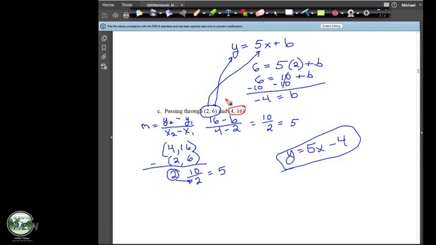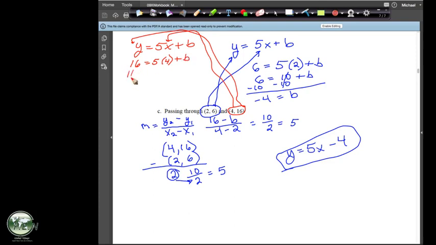So again, we take these 2 points. What we knew is y equals 5x plus b. I put the 4 in for x, and I put the 16 in for y. So it's going to be 16 equals 5 times 4 plus b.